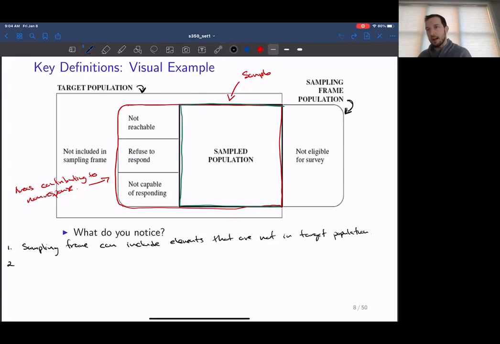And then inside the target population, you have the actual sample that could be contacted for the study. First off, what we'll notice when we look at the structure of the sample is that it only covers a subset of the population.